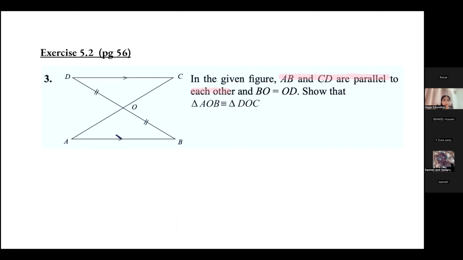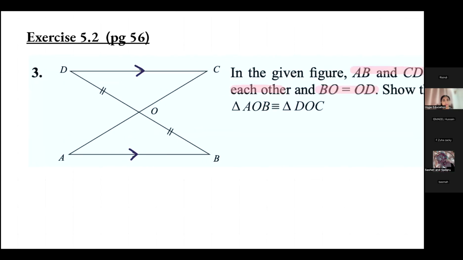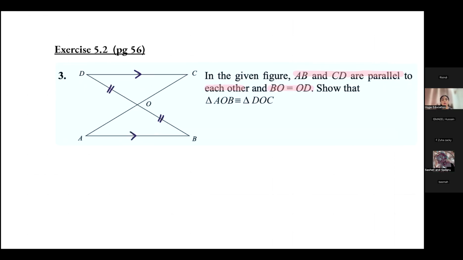I will mark it slightly bigger. They are parallel. BO equals OD. That also they have marked here. This is BO. This is OD. Show that AOB equals DOC. AOB is this triangle. DOC is this triangle.